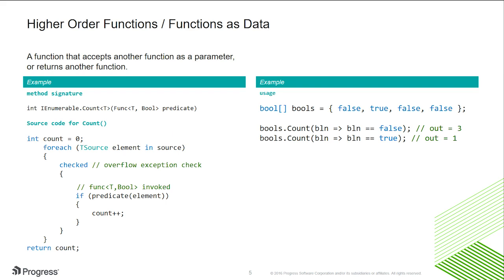And count actually iterates over this foreach loop, and where it says if predicate element, so we're looping through this array, the element is the actual element in the array we're on, and it's running that function that's being passed into count every time it hits that line. Okay. So that's how that works.